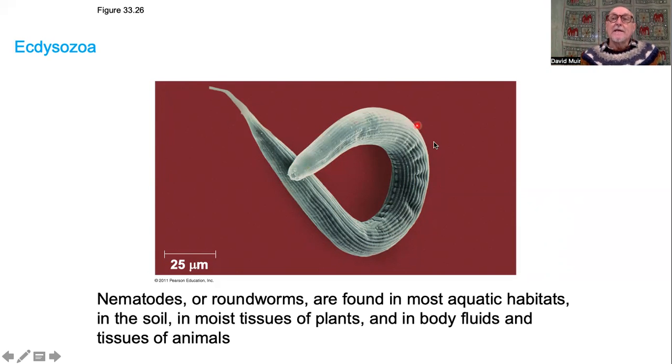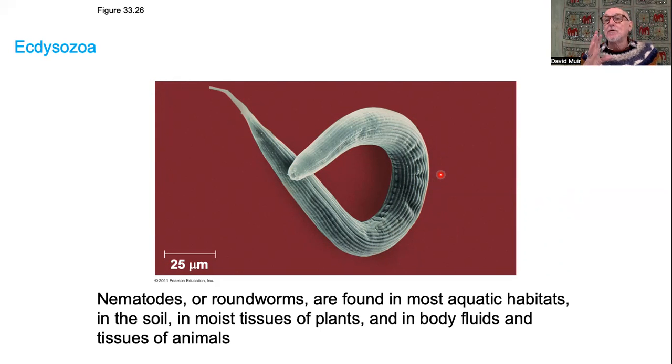Nonetheless, the nematodes have to shed this outer skin as they grow, and have to have a system to regrow a new exoskeleton afterwards. Nematodes are probably one of the most numerous of all of the animal groups.